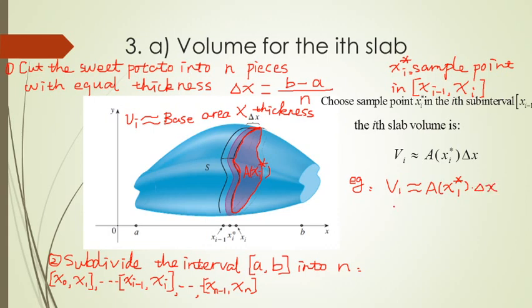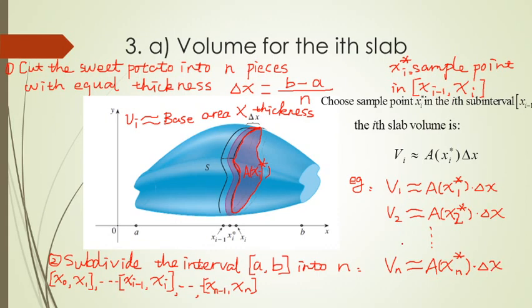I can estimate the second piece's volume with the cross-section area at x2 star times the thickness, and until the last one, I can estimate the nth piece with the base area, the area function evaluated at xn star, which gives the cross-section area times the little thickness.